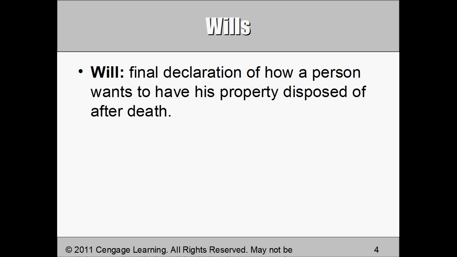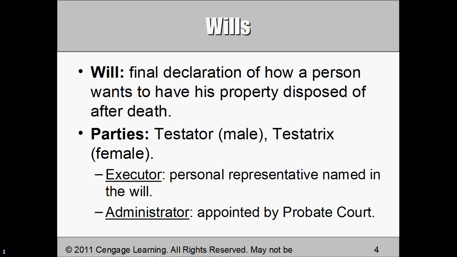Okay, now a will is a final declaration of how a person wants to have his property disposed of after death. And the parties to a will are the testator, which is the male version of that party, or a testatrix, the female version.